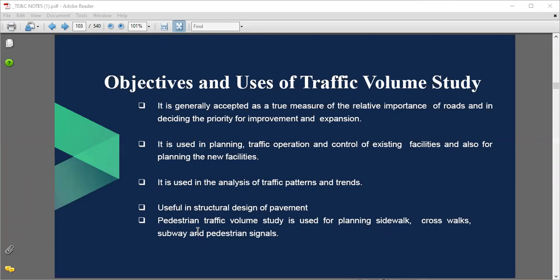And the last one is that we go for the traffic volume study to achieve each and every component of the road that should be helpful for the pedestrian, the big vehicle as well as the cyclist. All components like the crosswalk and sidewalk can be planned as per the traffic volume study. So these are the objectives of the traffic volume study.